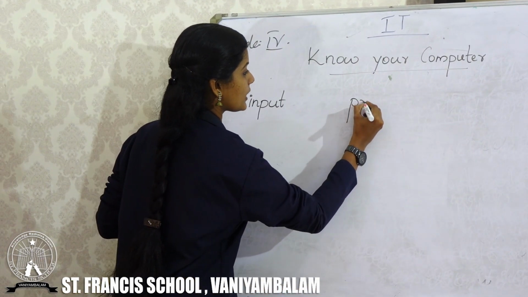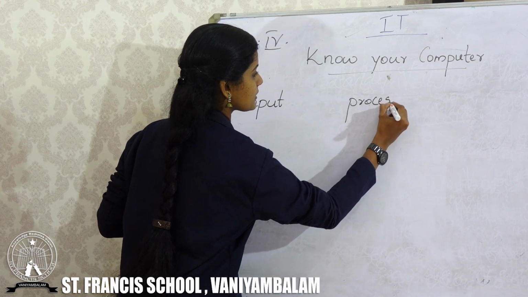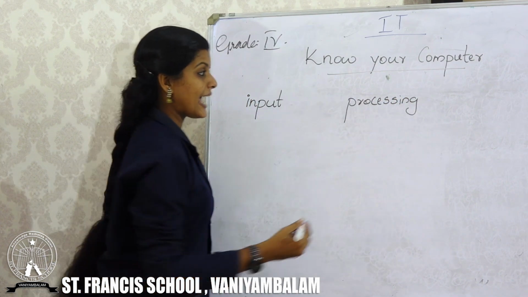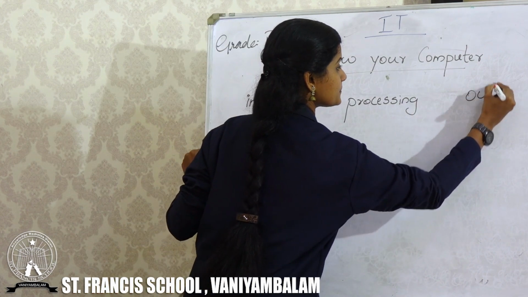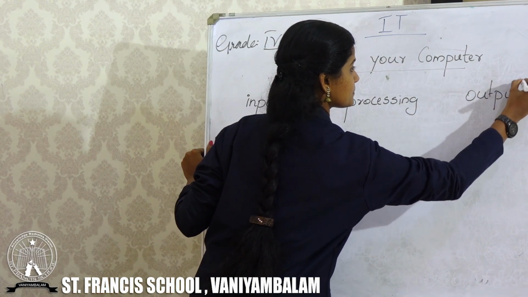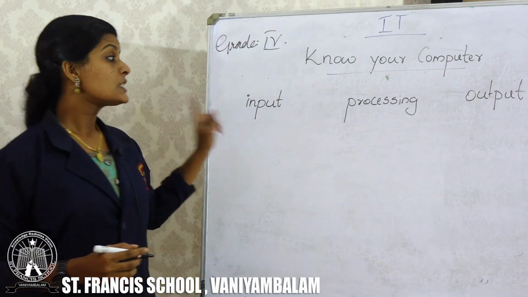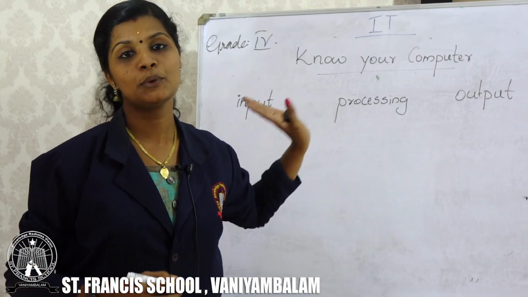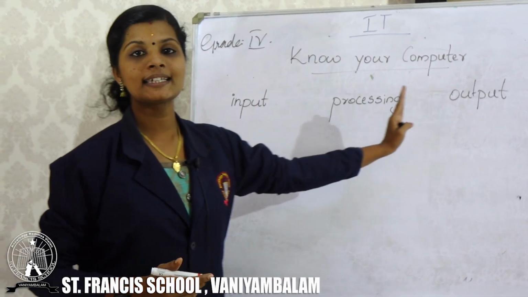The second one is processing, and the third one is output. So these are the 3 steps involved in a computer.